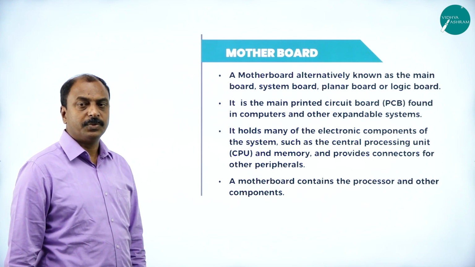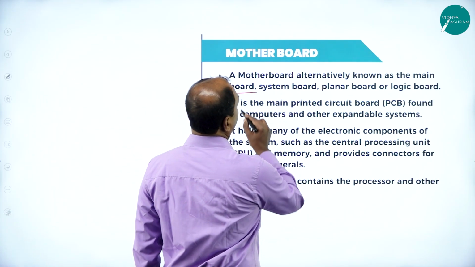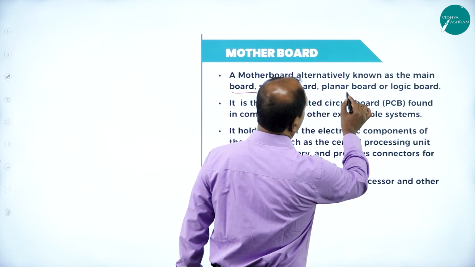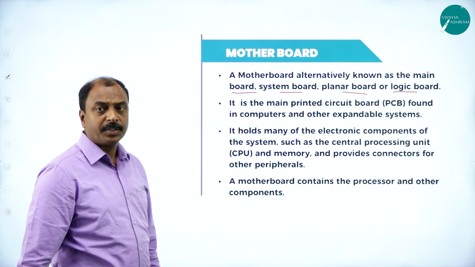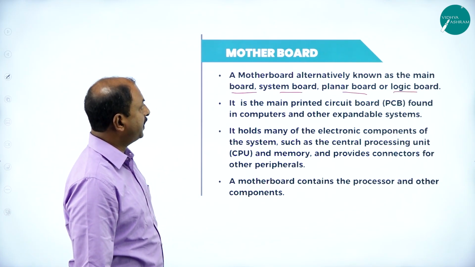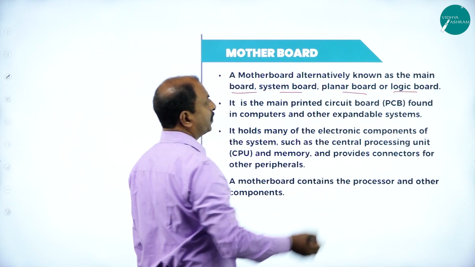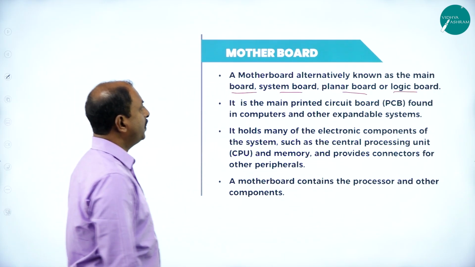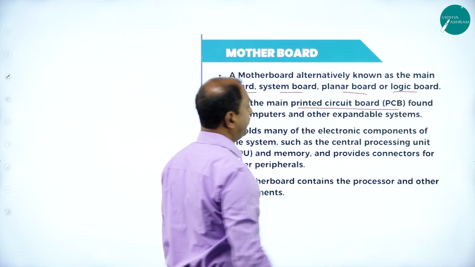What is a motherboard? So a motherboard is a main board, or a system board, or planar board, or logic board. So we call the motherboard by different names. It is a main printed circuit board, what we call a PCB.